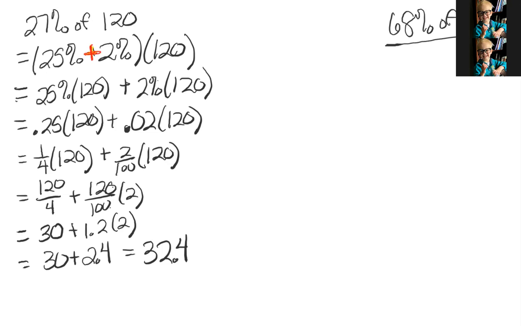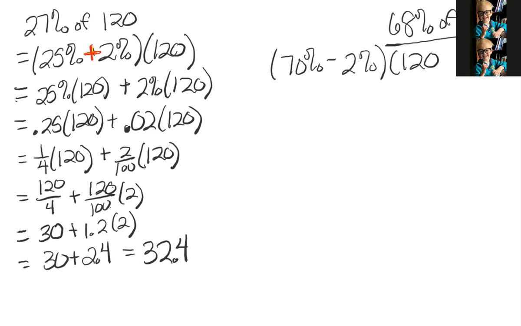Might we think about subtracting? So we can think of 68% of 120 as 70% minus 2% times 120. We can get these multiples of tens, and now we can add and subtract as we would like.